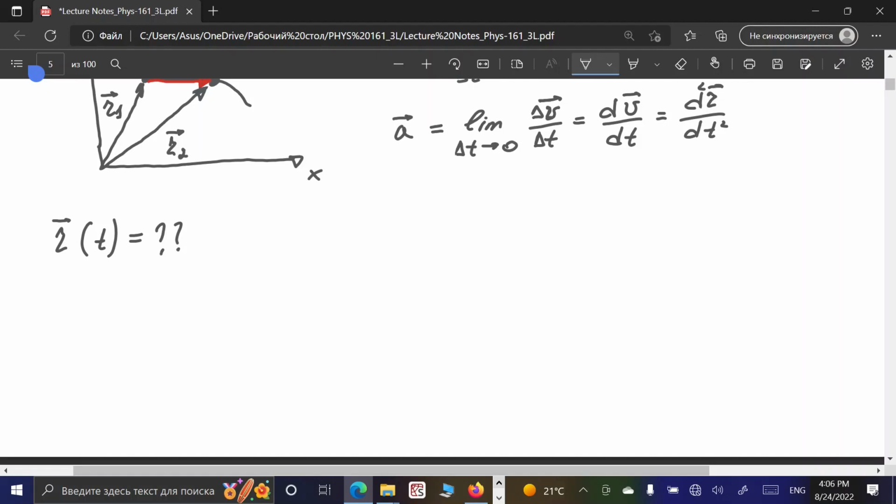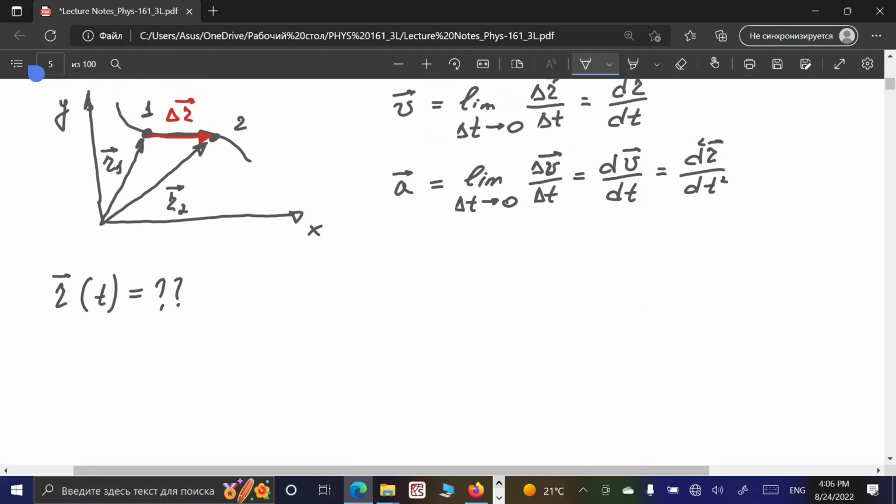We need to have this equation. So how do we do this? In order to make our life easier, you should recall from our previous discussion, we had these unit vectors, which allow us to split any vector into two components when we are talking about two-dimensional space, along axis x and along axis y.